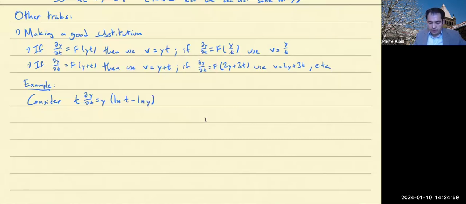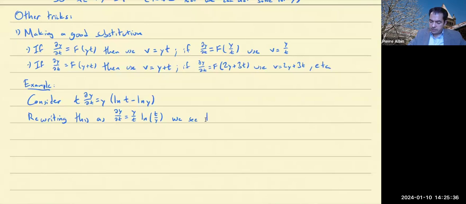Okay, well, at first this doesn't seem to apply to any of these good substitutions, but we can rewrite this using properties of logs. So dy by dt is equal to y over t times the natural log of t over y. So we see it's this situation, and so we should try this change of variable.